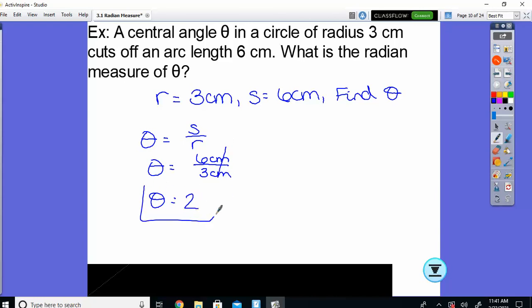So theta equals 2. You could say 2 and write the word radians if you wanted, but most of the time I won't. So anytime I see something without a degree symbol, I am assuming it is radians from now on. Is that okay?